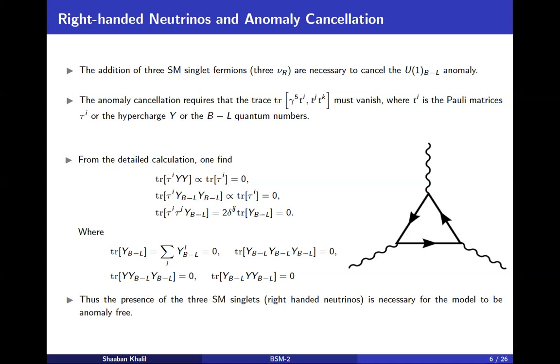Yes, scalars are not included. Because the scalar has a vertex with a gauge boson as two gauge bosons and two scalars. When you have d mu phi, d mu phi, you could always have two scalars and one gauge boson with a partial derivative, or two gauge bosons and two scalars.